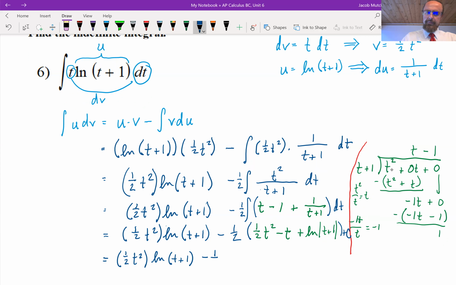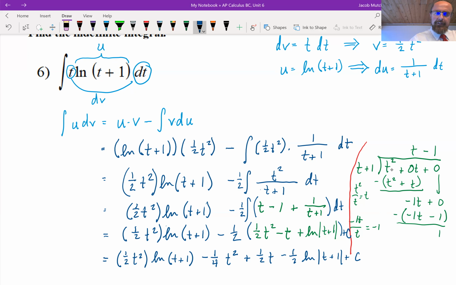So it's negative half times half is minus 1/4 t squared. Negative half times negative t is plus half t. Negative half times natural log of t plus 1 is minus half ln absolute value t plus 1 plus c.